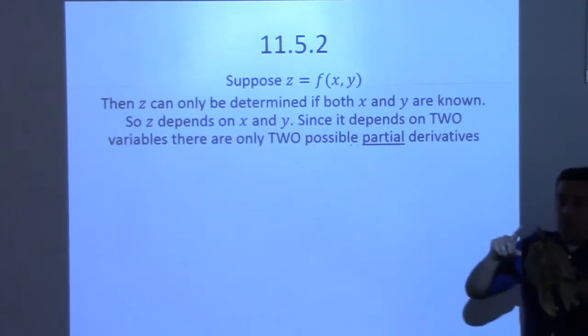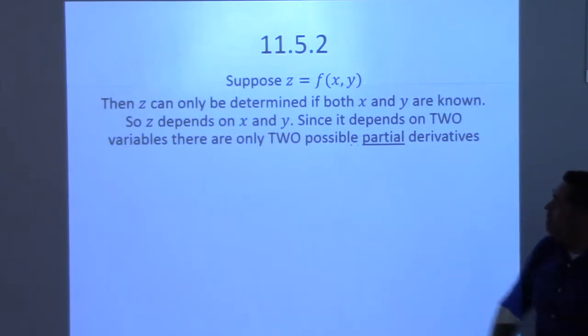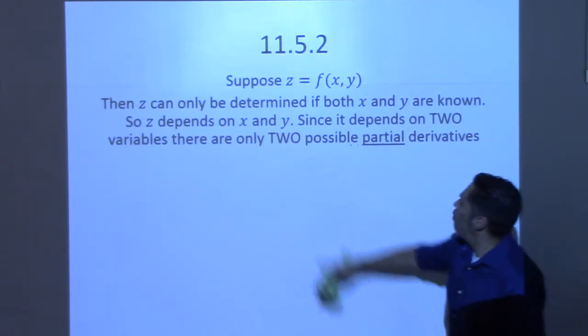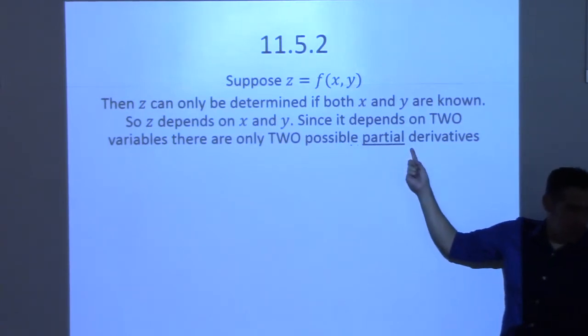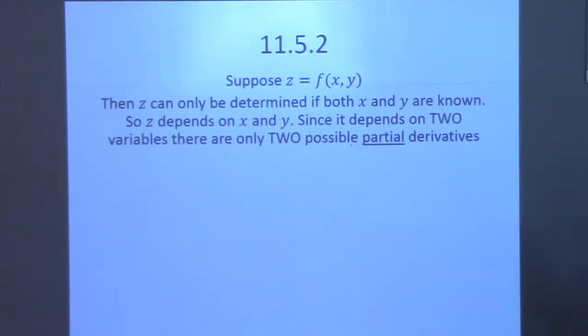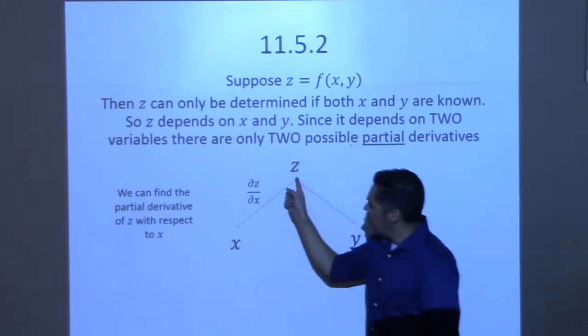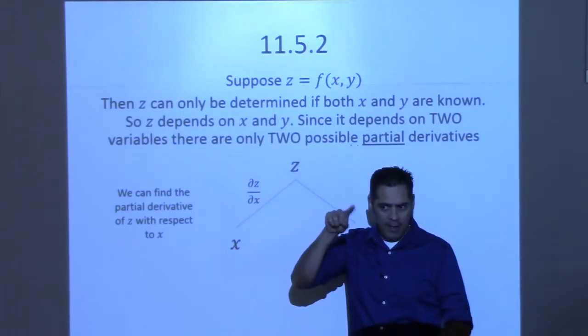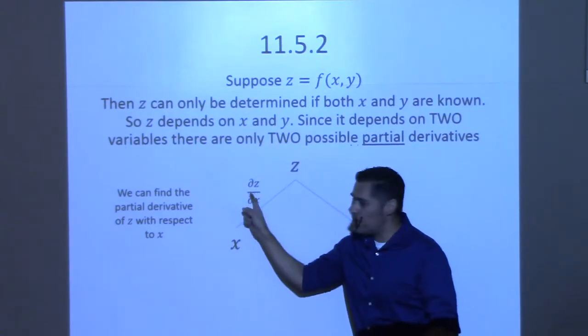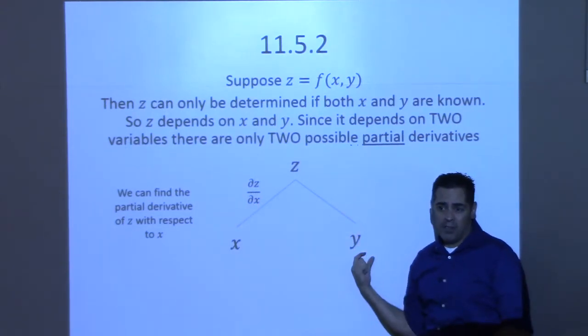So z depends on two things as opposed to one thing, and therefore there are two possible partial derivatives. And so it looks like this. We have z depending on two variables, and therefore when you talk about the derivative between these two, it's no longer that d, right? It's partial. And the reason it's partial is because z also depends on another variable.